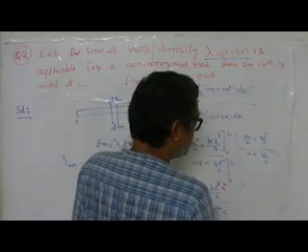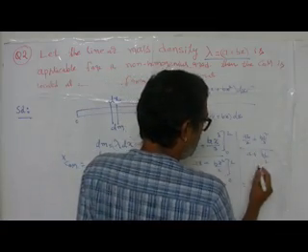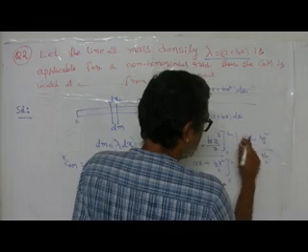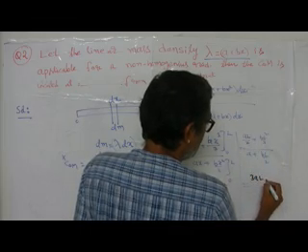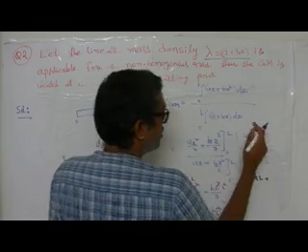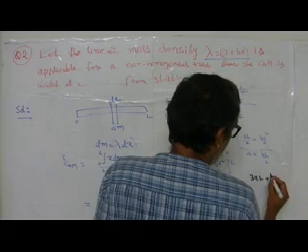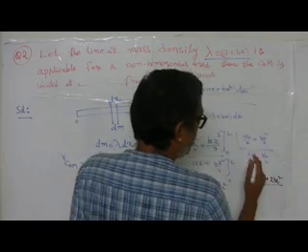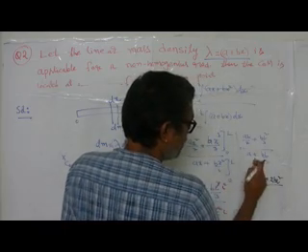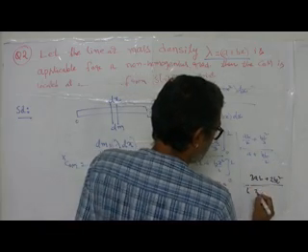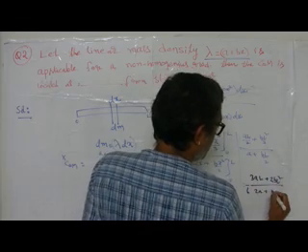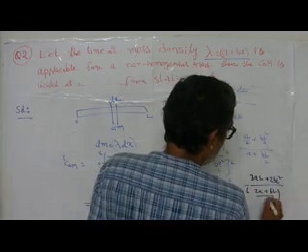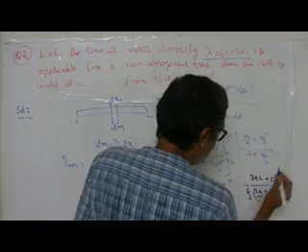Now upon solving this one, the final output is nothing but 3AL plus 2BL square, whole divided by 6, into 2A plus BL whole divided by 2. The 2 and this one cancelled by 3 times.